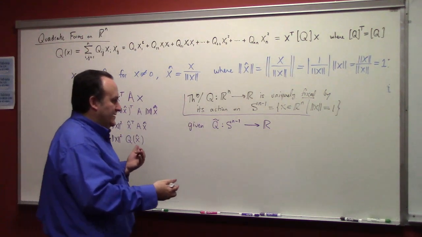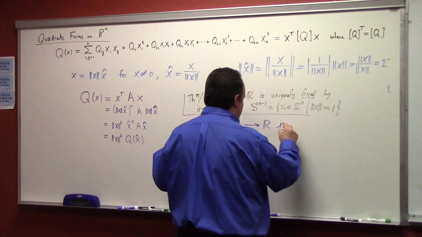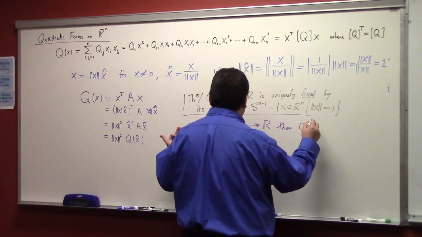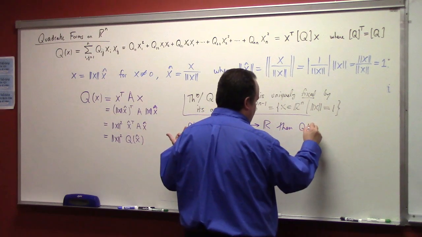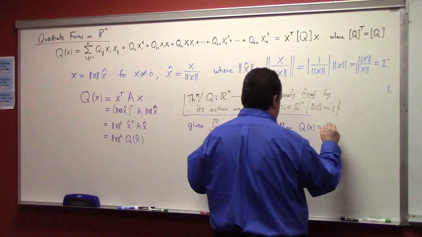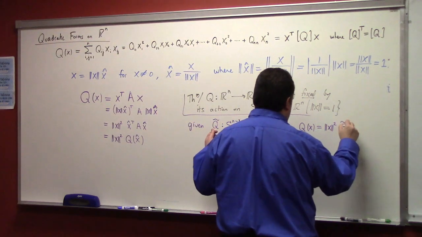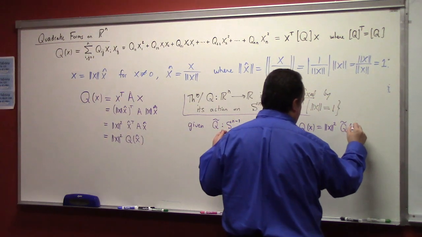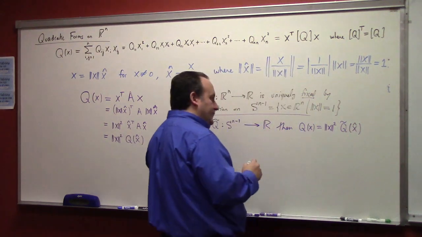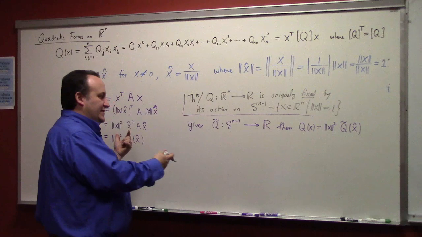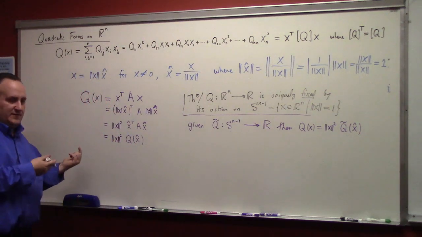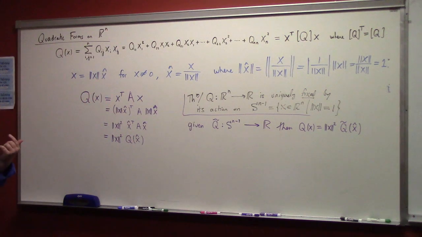If you're going to extend it, what is Q of x equal to? Well, it's equal to the magnitude of x squared times Q tilde of x hat. And that makes sense because x hat is necessarily an element of the n-1 sphere.